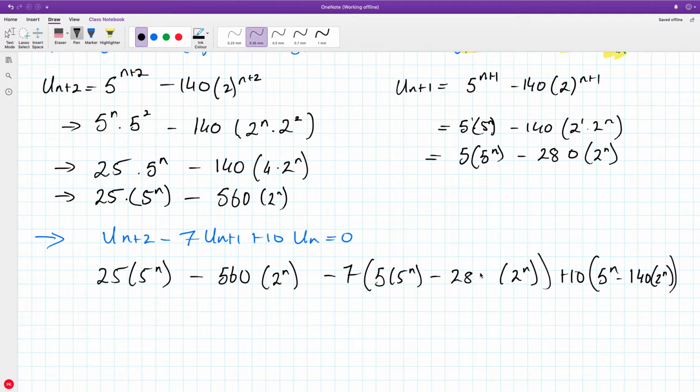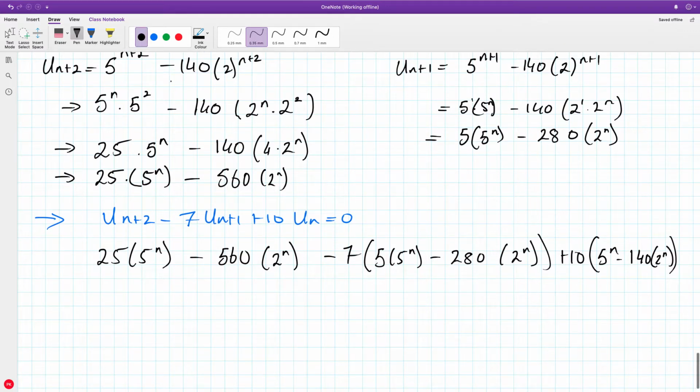Right. So what we do then is, nothing changed in the first one, 25 times 5 to the power of n minus 560 times 2 to the power of n. Multiplying your 7. Minus 7 times 5 is minus 35 times 5 to the power of n.